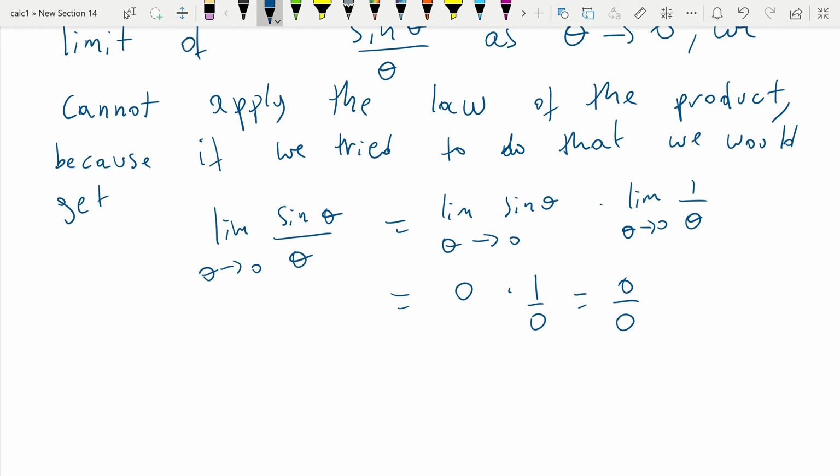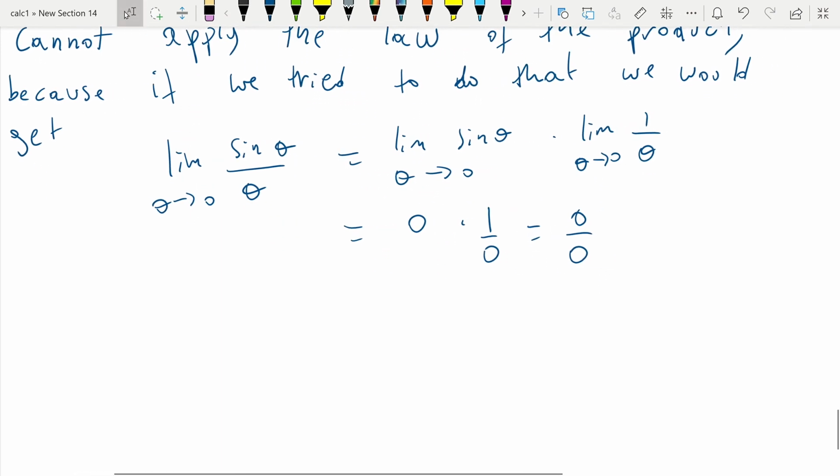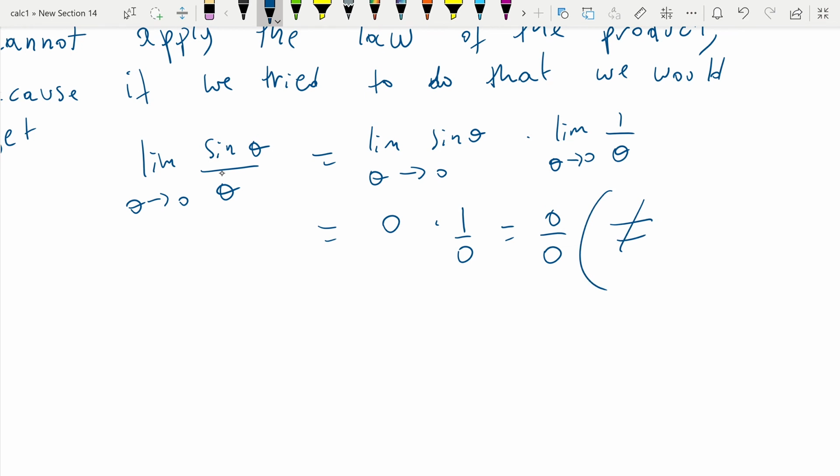You see that this is an undefined expression. Notice this is not equal to 0. I've told you since the beginning that when you get something of this form, 0 over 0, this is not a number, so in particular it cannot be equal to 0. If you arrive at this step, you did something wrong.